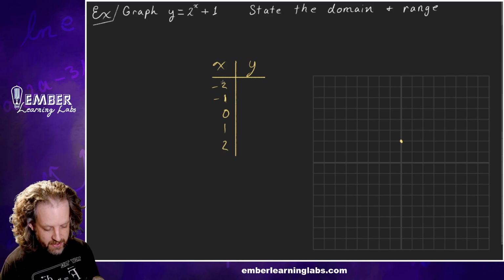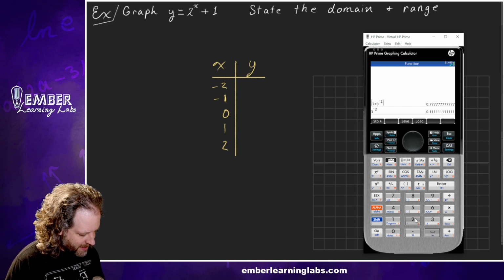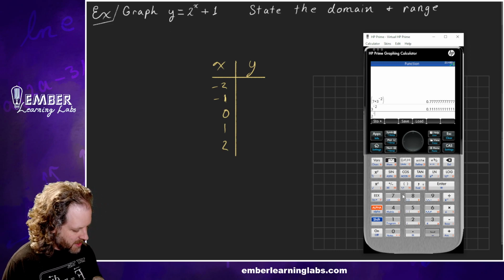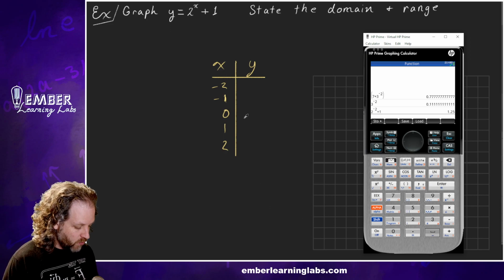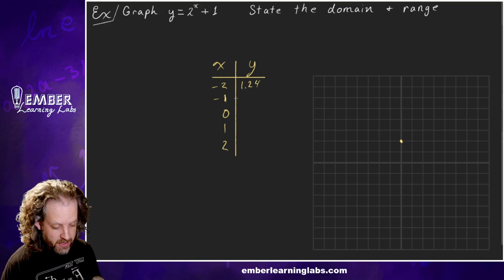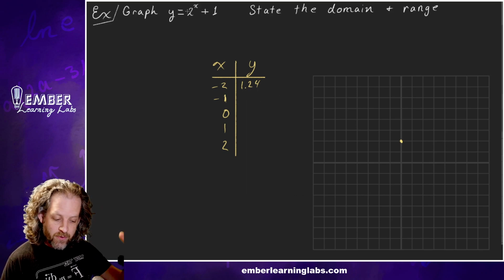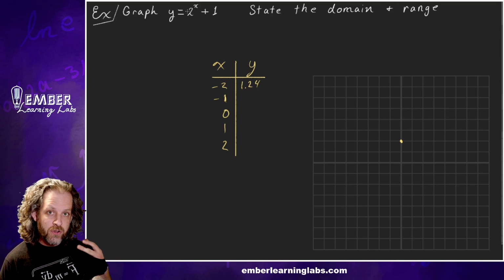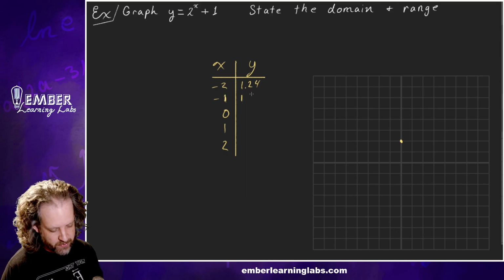So put a -2 in there. 2 to the -2, get out of our exponent, and +1 equals 1 and a fourth. 1 and a fourth. -1 in there, that one we can do real easy because it's going to flip it over, right? 2 to the -1 is going to be 1 over 2, or 1/2. +1 is 1.5, and we'll write that as a decimal like we did on this other one.